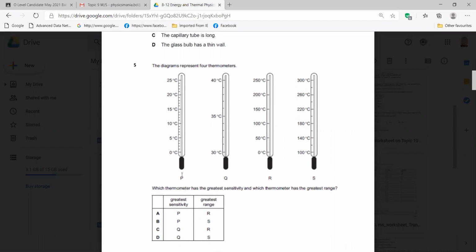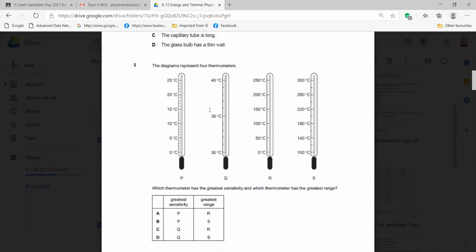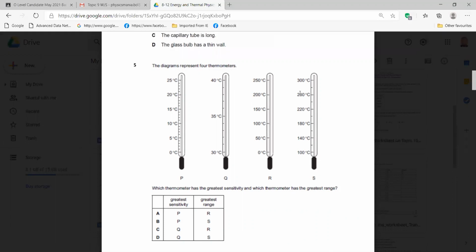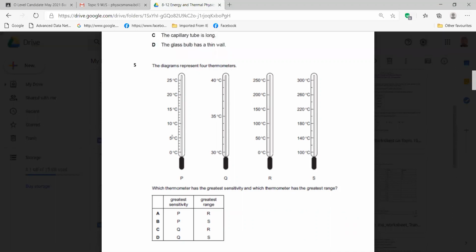The first one is giving you from 0 degree to 25. The second one is giving you 30 to 40 degree. The third one is giving you 0 degree to 250 degree. The fourth one is giving you 100 to 300, which means the difference is 200. So the range is 200 here, 250 here, 10 here, 25 here.